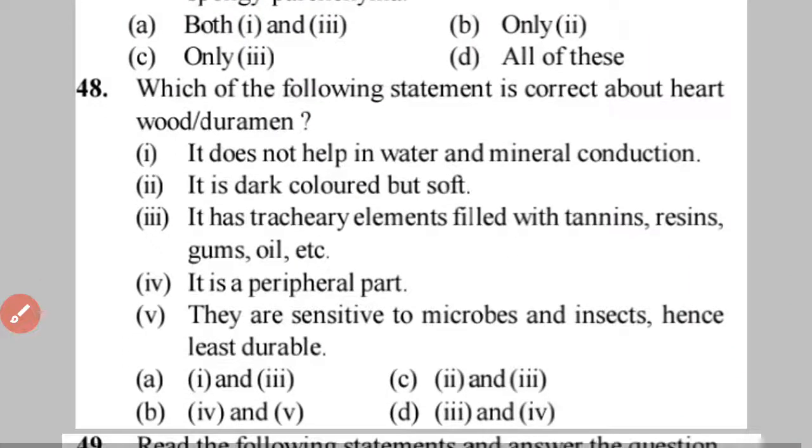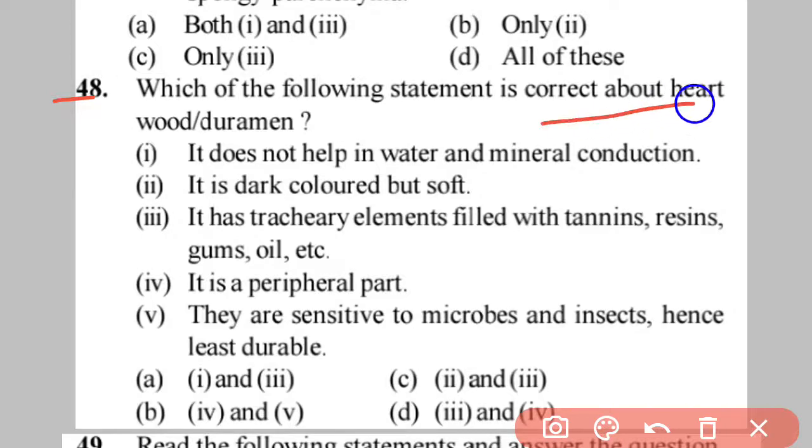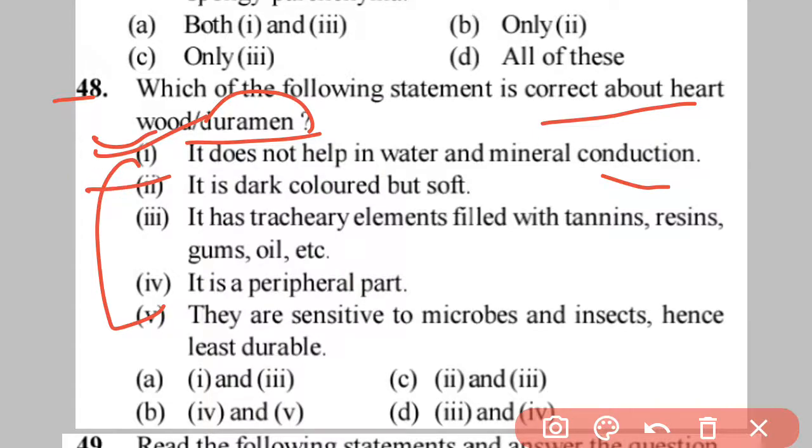Question number 48. Which of the following statements is correct about heartwood or duramen? So let's check. First one is, it does not help in water and mineral conduction. Yeah, this is correct. Mainly duramen or heartwood does not help in water and mineral conduction. Second one is, it is dark colored but soft.